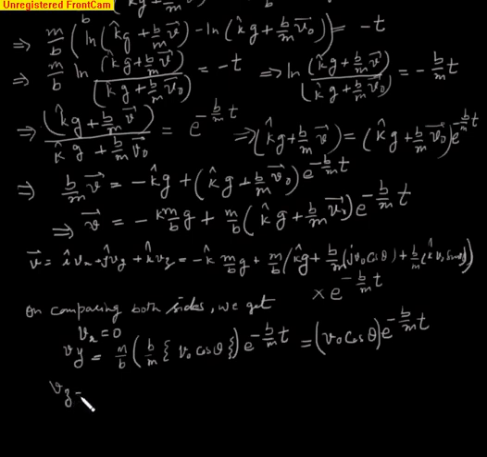Let us write now the z component, that is Vz, and for Vz we have to write all the k components.